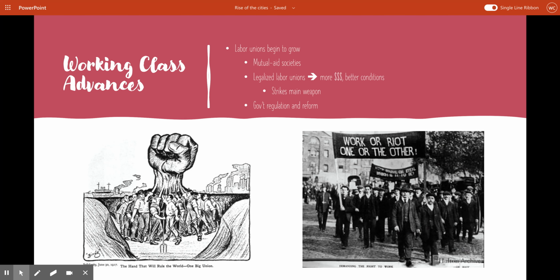Now that takes a lot longer in the United States. They're pretty resistant to telling parents what they can and can't do with their children, but you do start to see that happening. You start to see them limiting the number of hours that workers can work, especially in really dangerous places like mines. So little by little, bit by bit, the government's going to get involved, and there will be regulation and reform to address some of these issues.